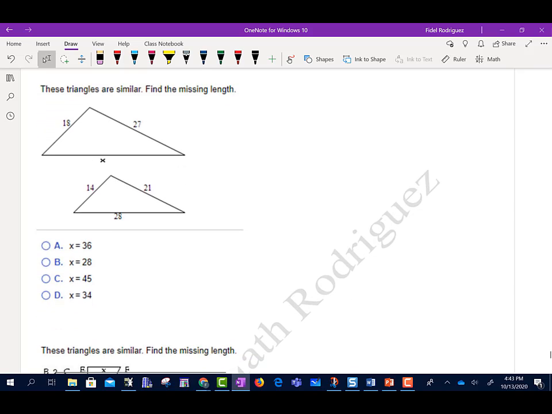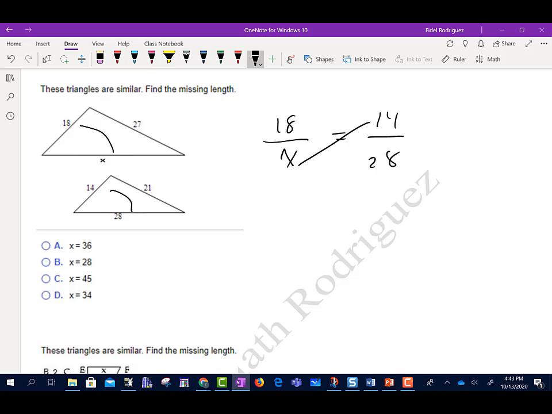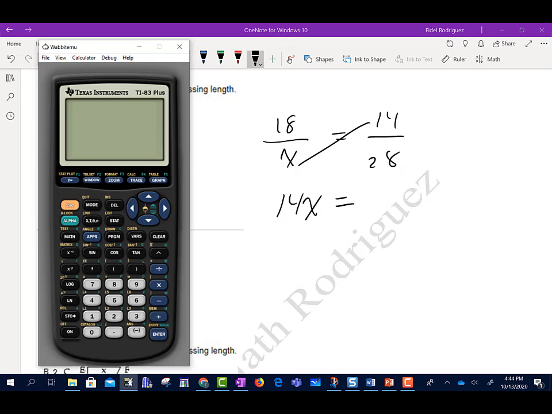Looks like we got another one like this. Let's find the missing length. So one fraction equals another one. So 18 over x is equal to 14 over 28. Cross multiply, 14x equals, let me take my calculator, what is 18 times 28?